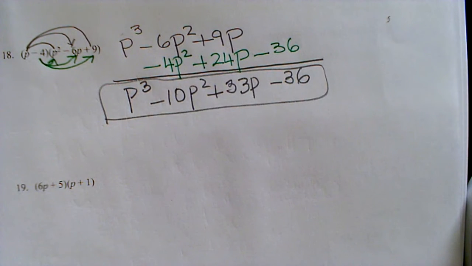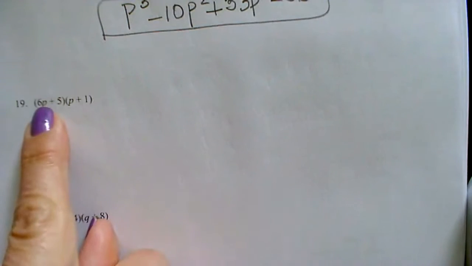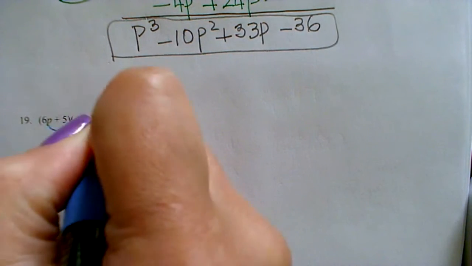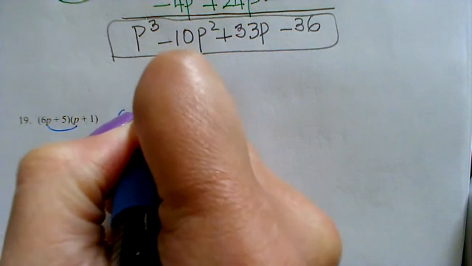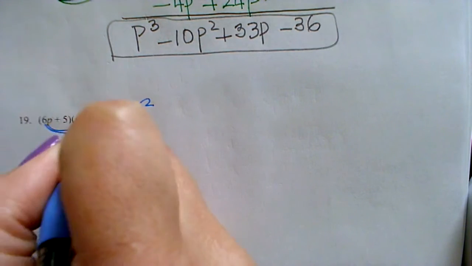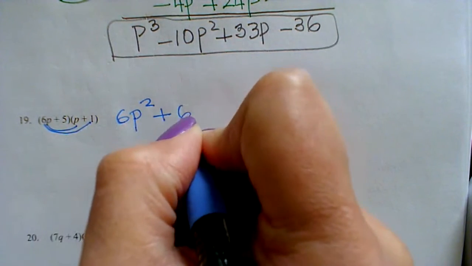Now we're going to multiply a binomial times a binomial. And 6, this will be 6p squared. And this one will be 6p.